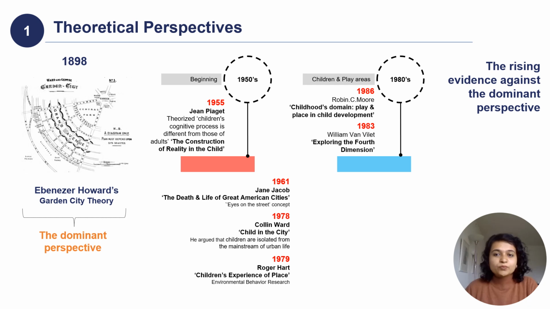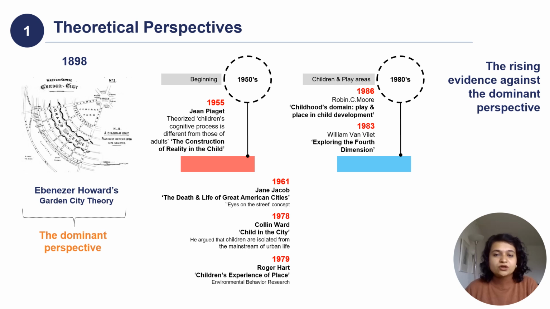During this time, the popular perspective on city life was very much dominated by Ebenezer Howard's Garden City theory, where he idealized a self-sustaining, small, and independent neighborhood units with segregated spaces, completely disregarding the organic and complex social fabric of the modern cities of that time.